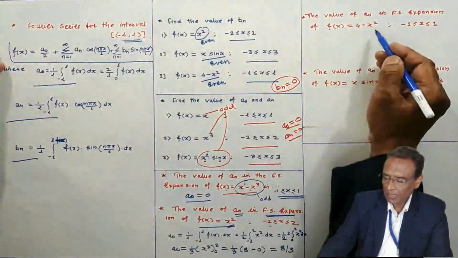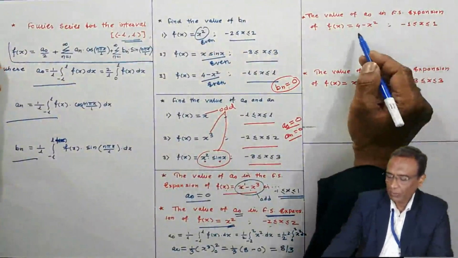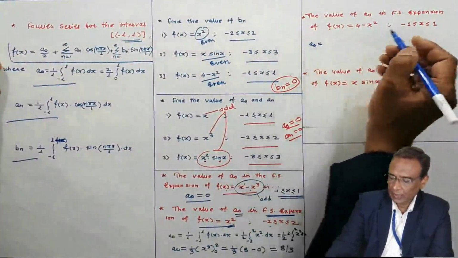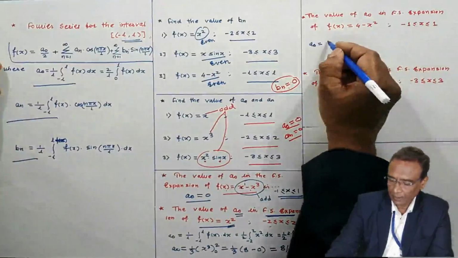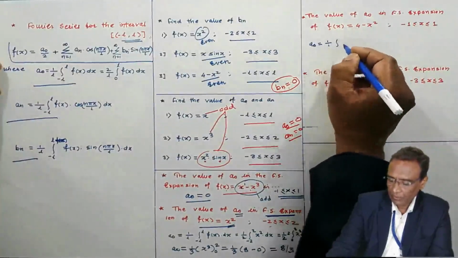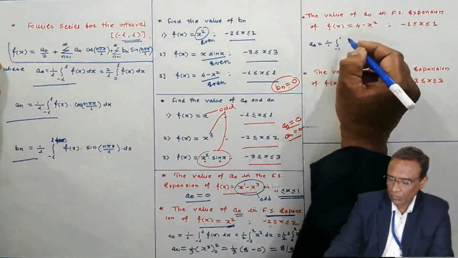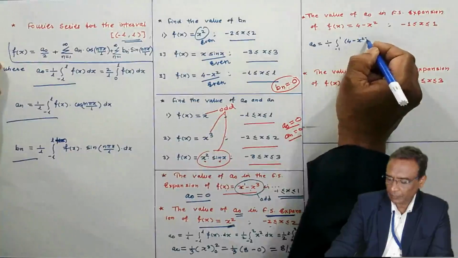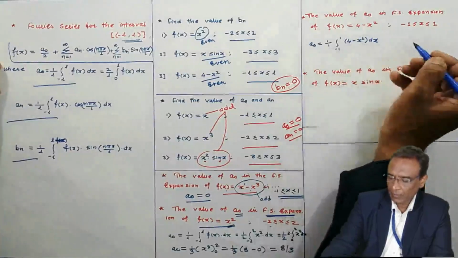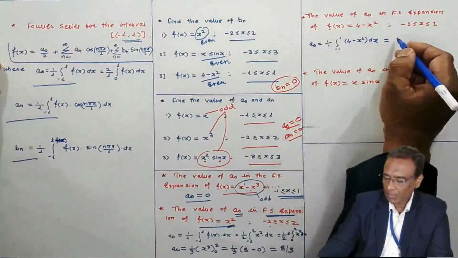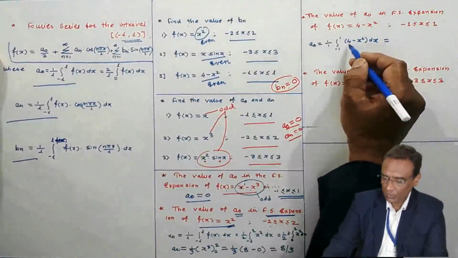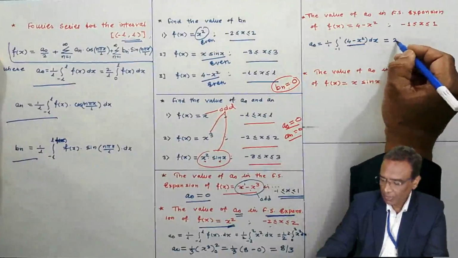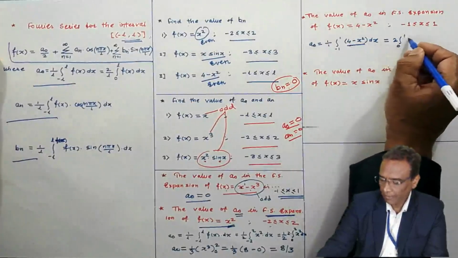Okay. So similarly, you can find out the value of this also. See, A0, directly write now. L is 1 here. 1 by L, integral from minus L to L of fx. You can use the property of definite integral; if you don't use it, it is also okay. This is a complete even function, therefore this can be written as 2 times the integral from 0 to 1.